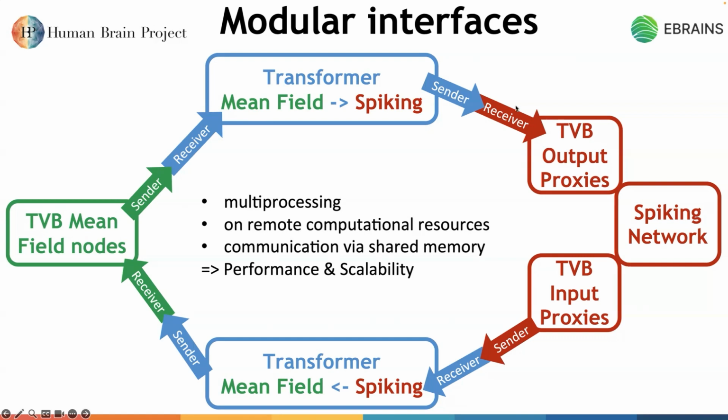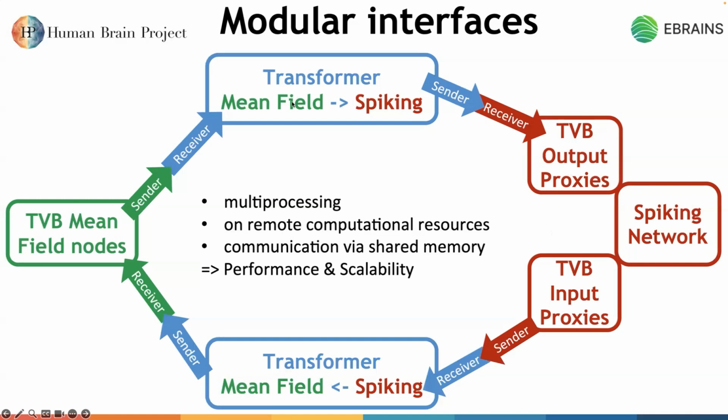For instance, if the transformations we are doing are relatively fast, then usually the bottleneck of the co-simulation is the spiking network. This is what can take a lot of time. In that case, it might make sense to draw a line here and have everything related to TVB and the transformations implemented in one process that would work in parallel with everything that has to do with the spiking network.